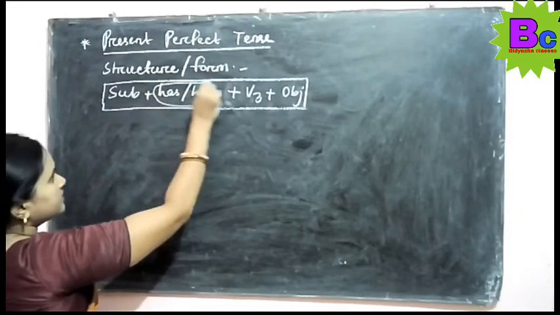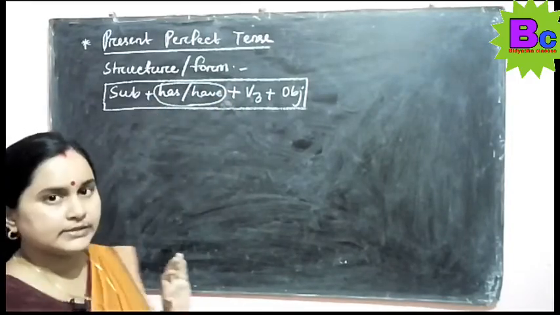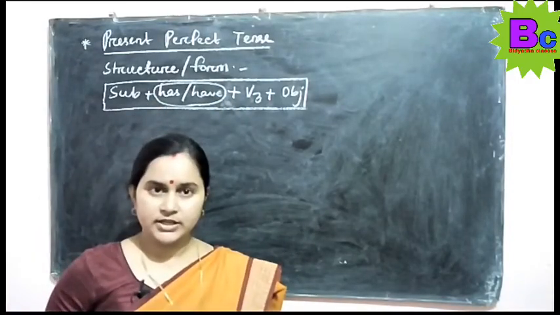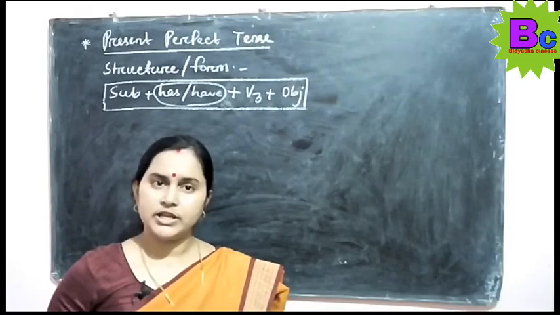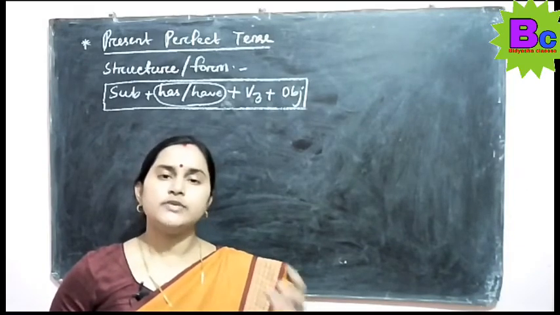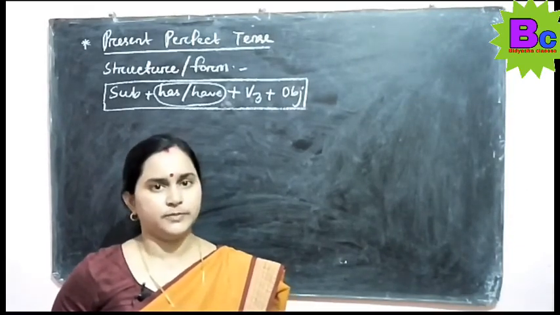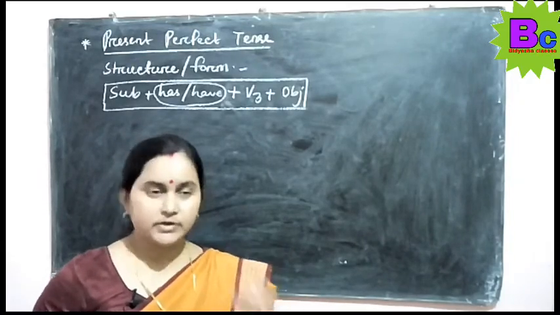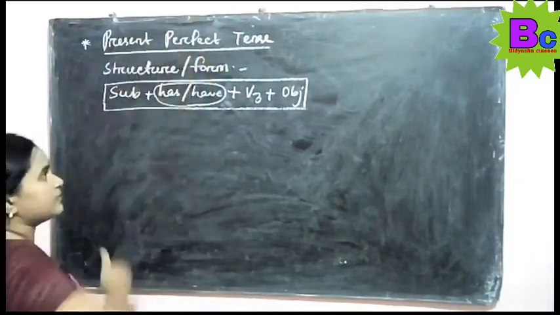Here has and have are primary auxiliaries. You know that primary auxiliaries are of three types: be verb, have verb and do verb. We are using the have verb in case of present perfect.